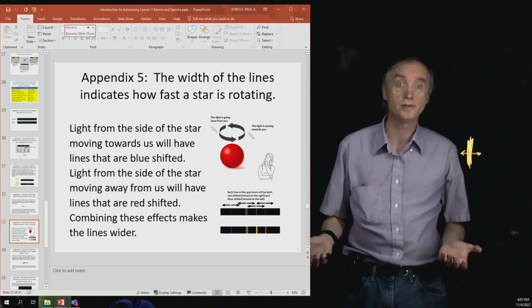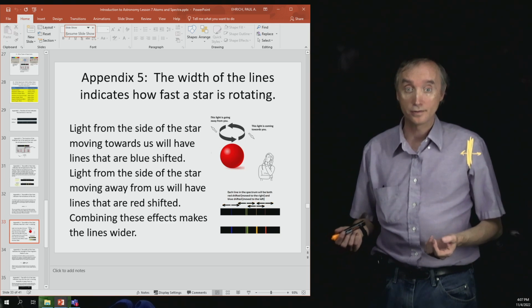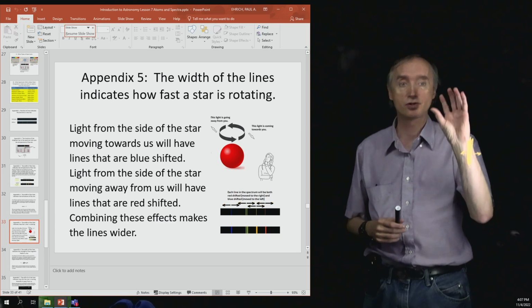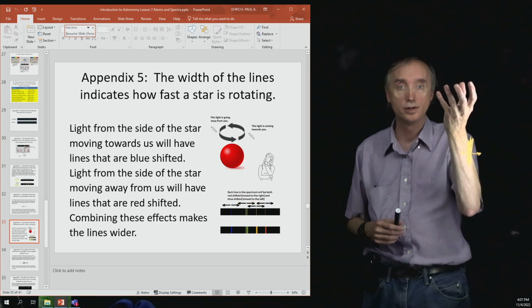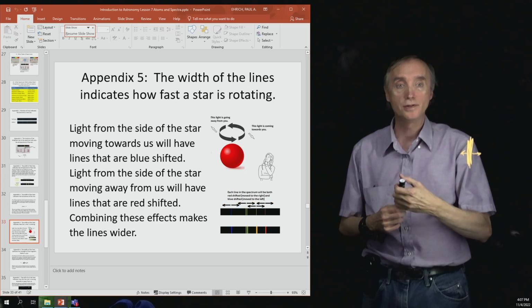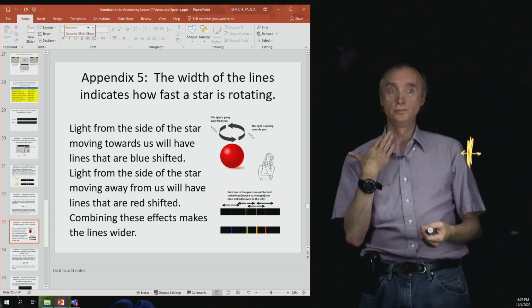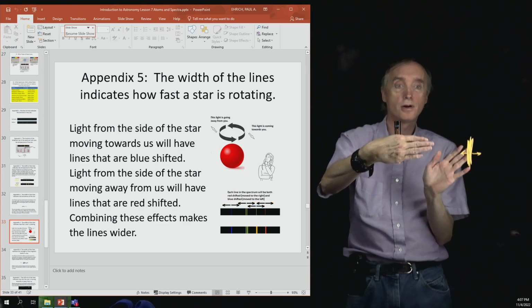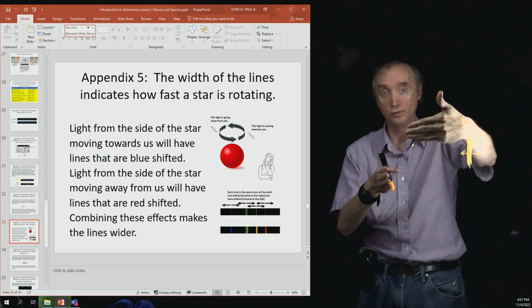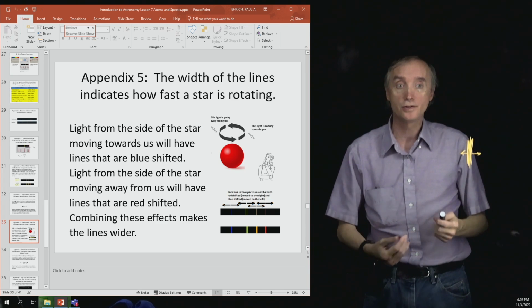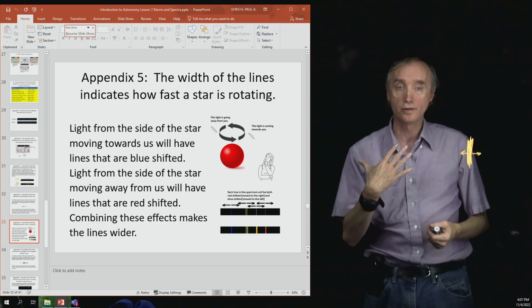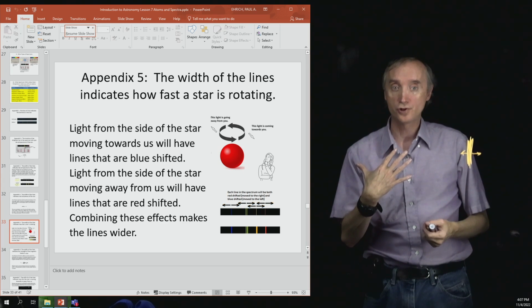Now this one's pretty easy, I think, to understand. So let's say that you've got a star that's rotating. Well, then that means that part of the star is rotating towards you and part of the star is rotating away from you, so that the light is both coming towards you. What do we call that? Blue shifted.